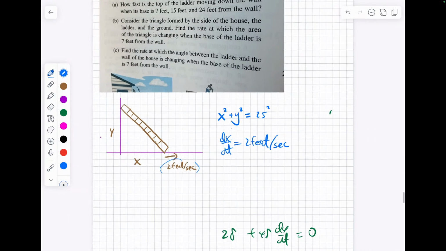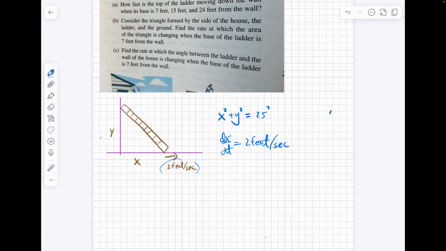Now, what do we know? What do we want to know? We want dy/dt at x equal to 7, right? When it's a straight line, x equal to 7.